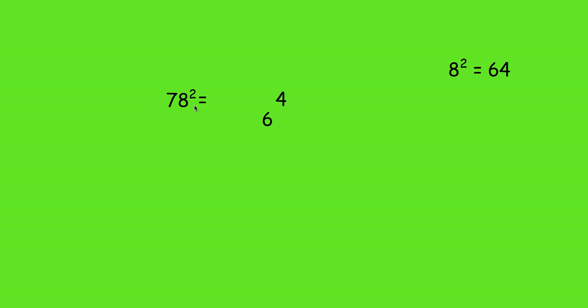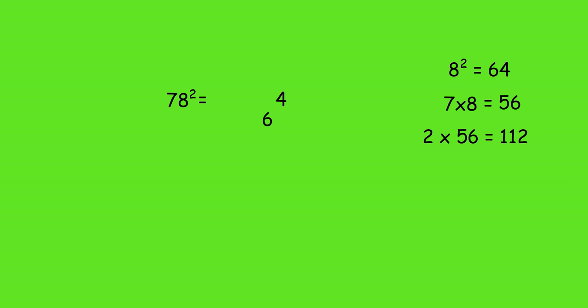Now multiply 7 and 8, that is 7 into 8. You will get 7 8s are 56. Now find the double of 56, or 56 into 2. You will get it as 112.